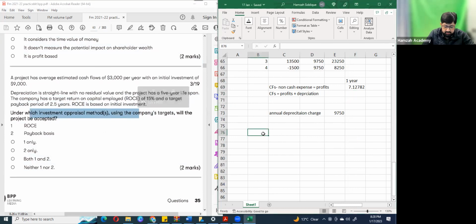Now, you see here, 1, 2, 3, 4, and 5. They say the cash flows. Investment is negative 9,000, right?